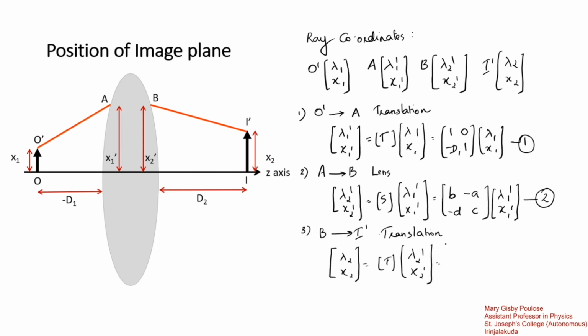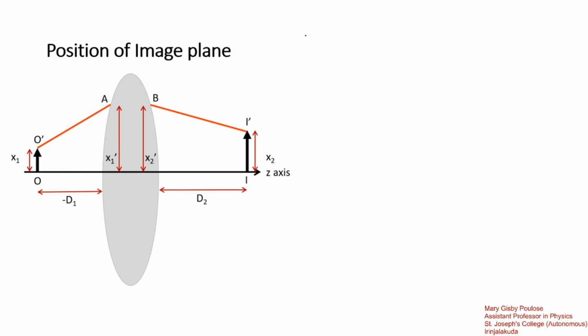That is matrix [1, 0; d2, 1] operating upon lambda 2 prime, x2 prime. Now this equation can be rewritten as lambda 2, x2 is equal to [1, 0; d2, 1].